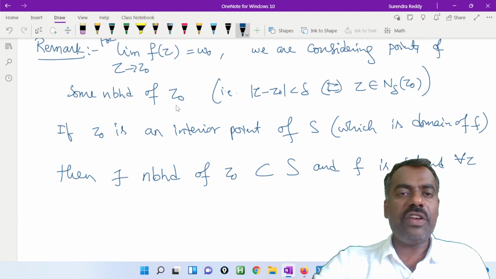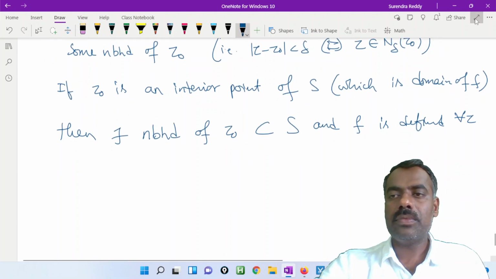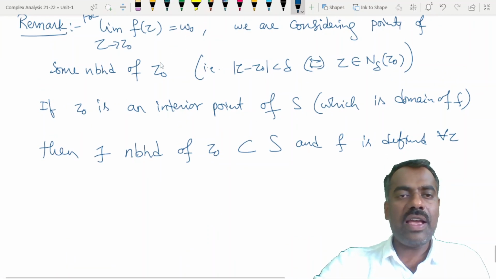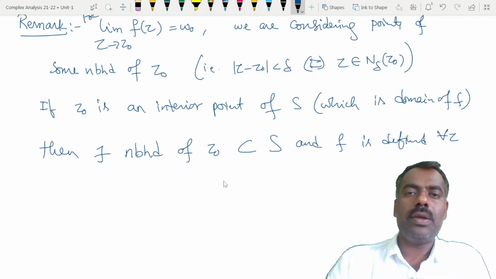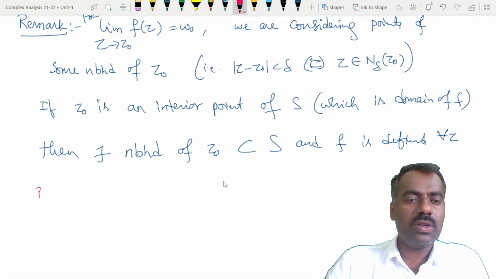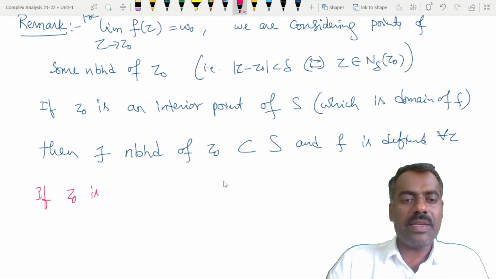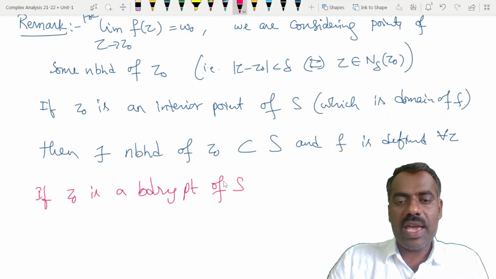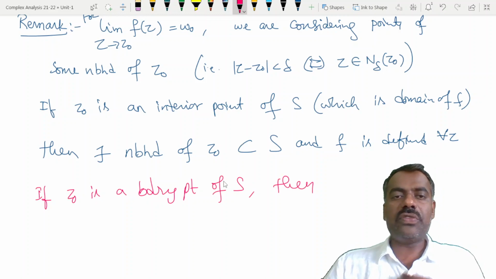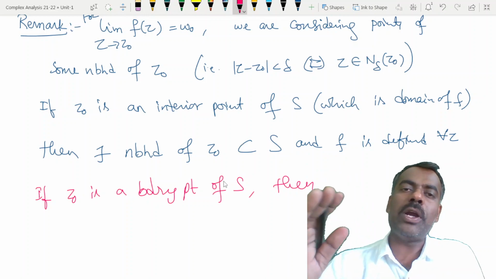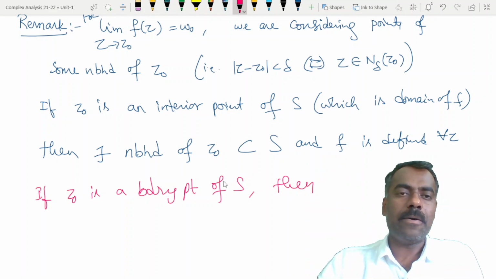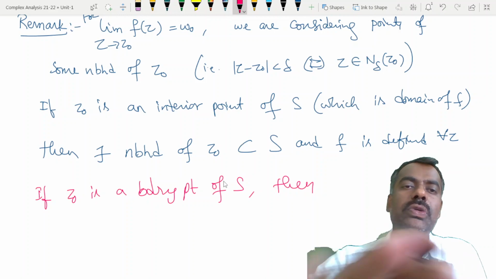Now if the z0 we are taking is not an interior point, that means it is a boundary point, suppose z0 is a boundary point of s, then whatever neighborhood you take, some points will be outside s. Those points we don't calculate f of.